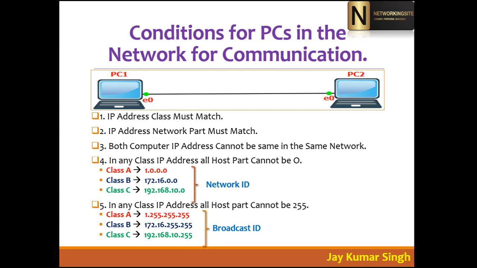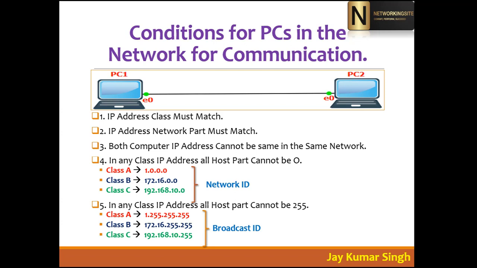Now, as we are coming to know about IP addresses, why are we learning about them? An IP address helps us communicate with another computer in the network. Without an IP address, we cannot communicate with another computer in the network, right?